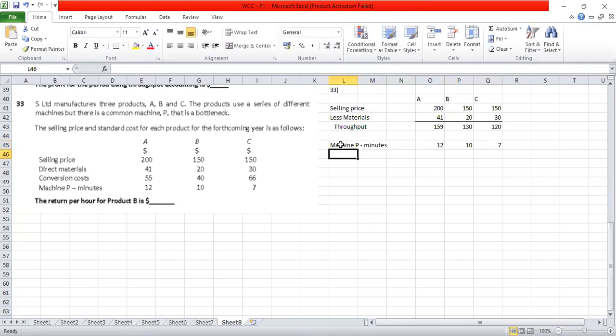So the question is asking us to find out in hours, but let's first find out return per minute.